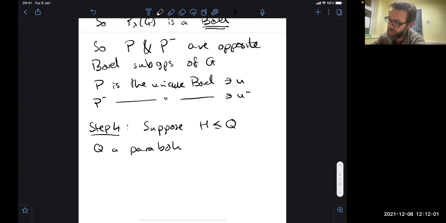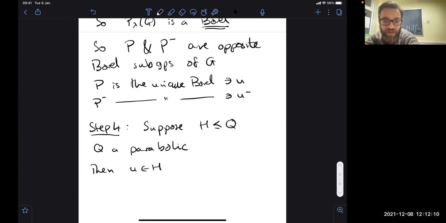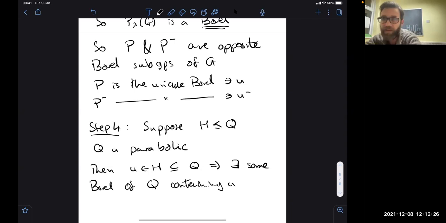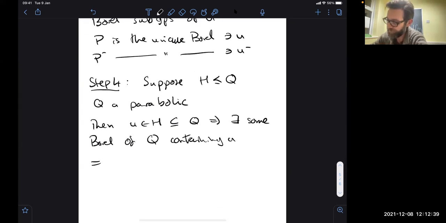Let's suppose H is contained in a parabolic Q. Well, this parabolic contains H, so it contains U. So there is some Borel of Q containing U. Every element of a connected algebraic group is in a Borel. The Borel of Q is a Borel of G. So it had better be P, because P is the unique Borel containing U. So P must be contained in Q.